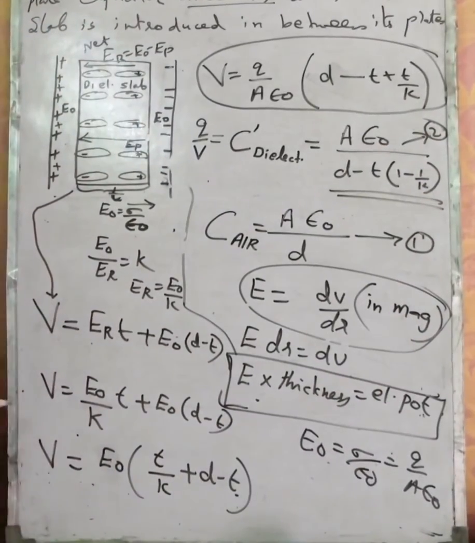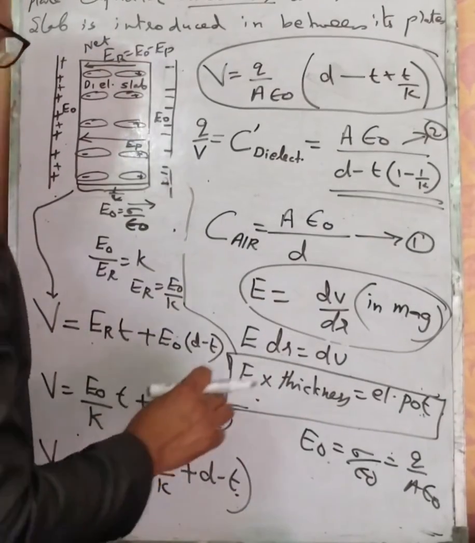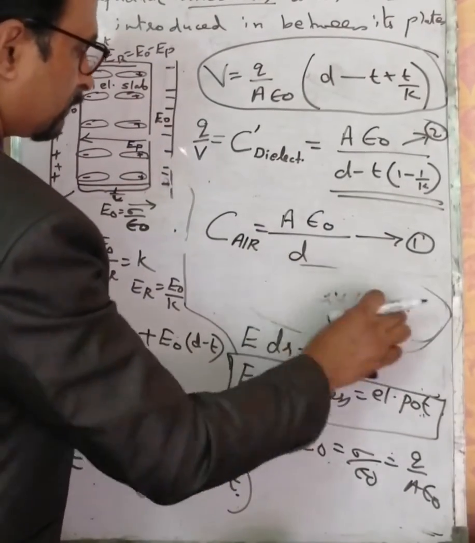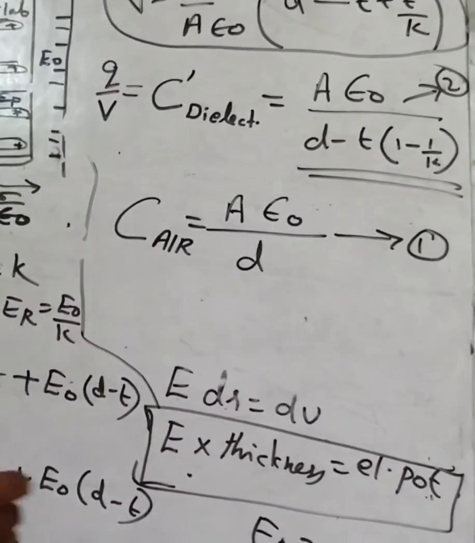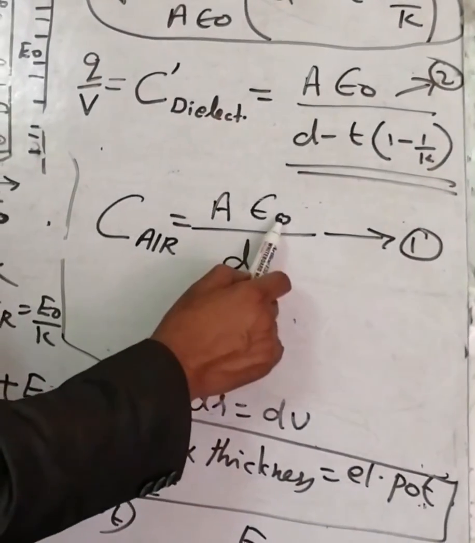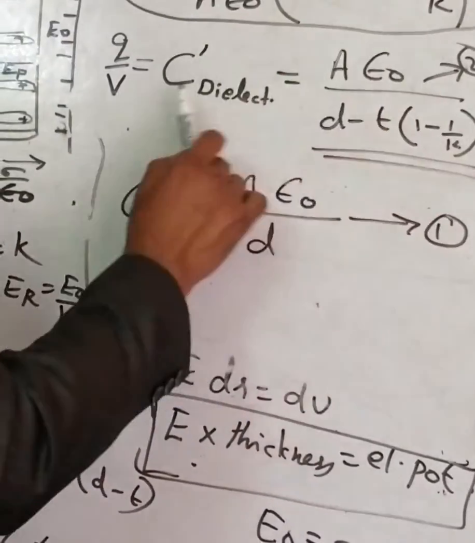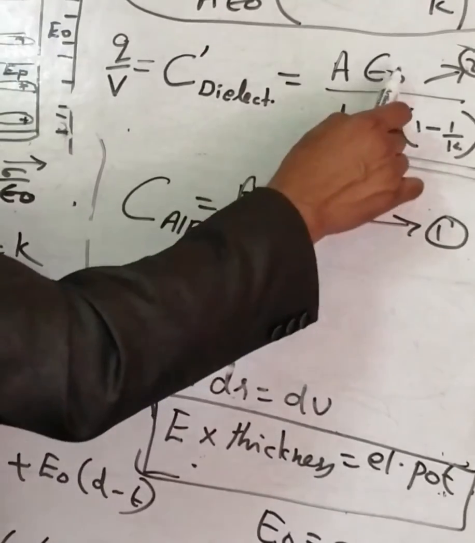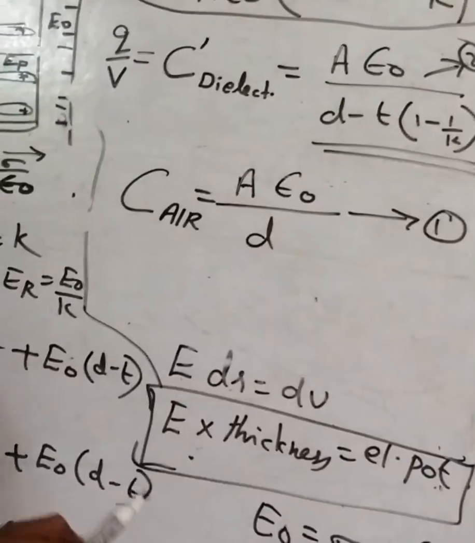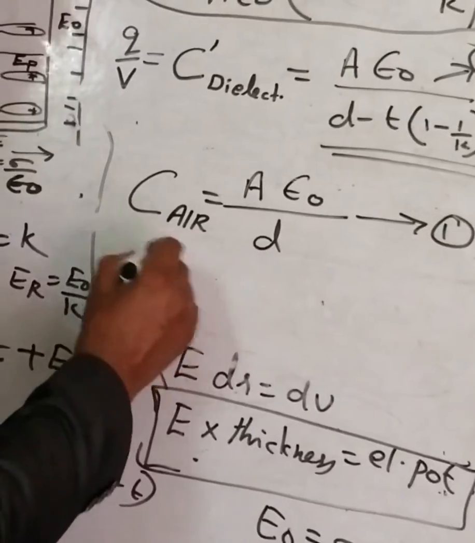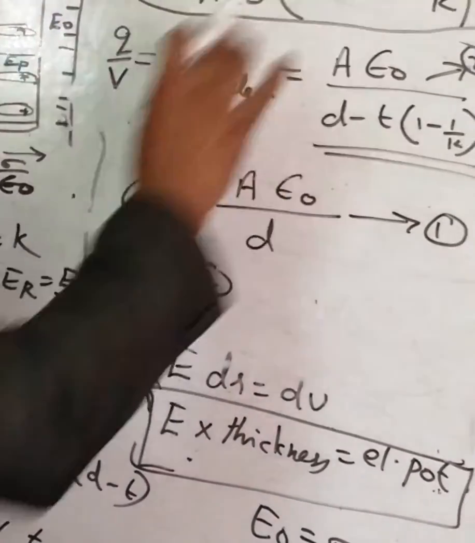You compare equation number 1 and equation number 2. In equation number 1, C air is A epsilon naught by d. In equation number 2, C with the dielectric slab is A epsilon naught, same A epsilon naught, over d minus t into something. If you compare 1 and 2, you can see that their numerators are same, A epsilon naught.